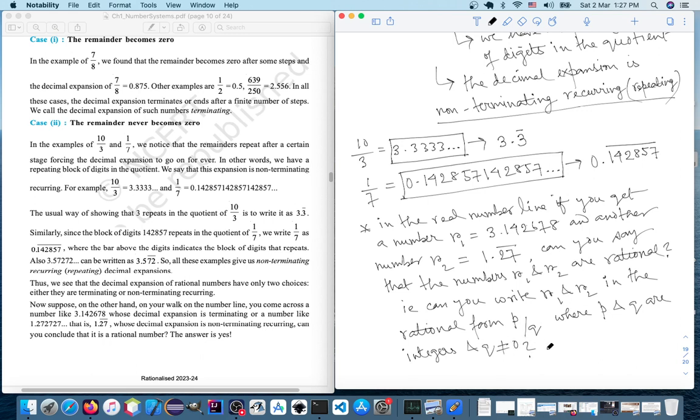If one number has a terminating decimal expansion, and another has a non-terminating recurring decimal expansion, can you rewrite these numbers in the rational form P by Q?